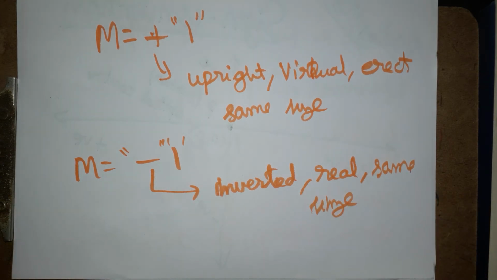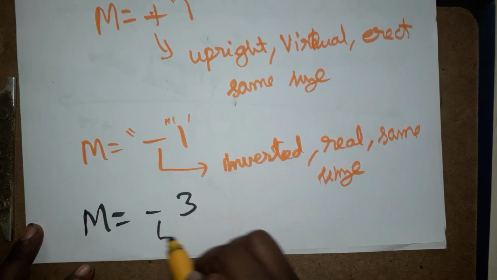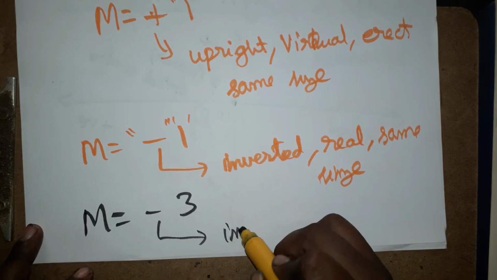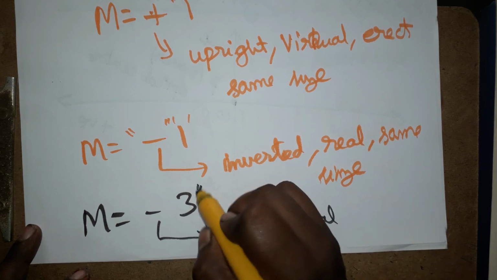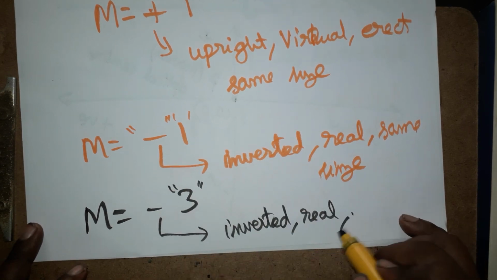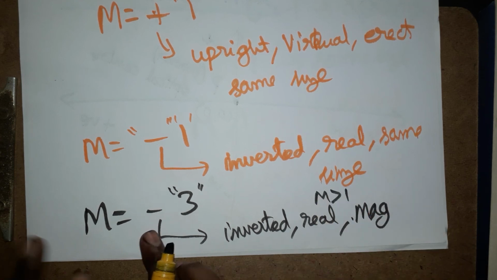Okay, next one, in this example I got m equal to -3. Minus is for inverted, which means real only. Okay, 3 indicates it is a magnified image because m is greater than 1. Don't take -3 as less than 1. Minus separate, 3 separate.